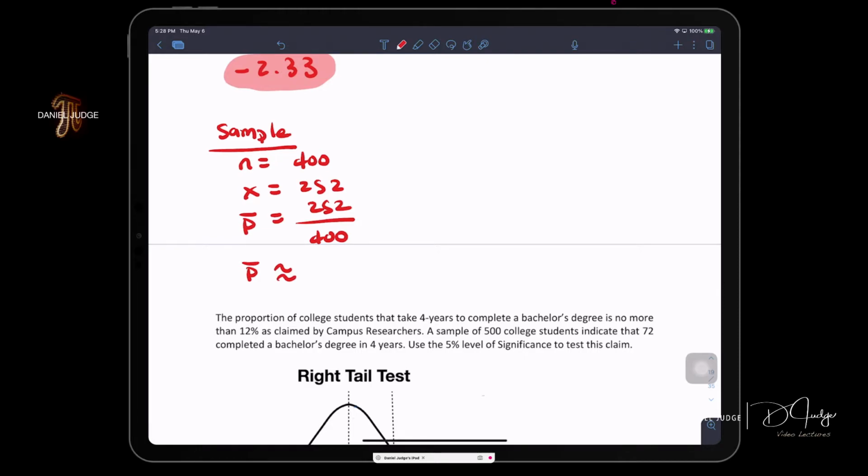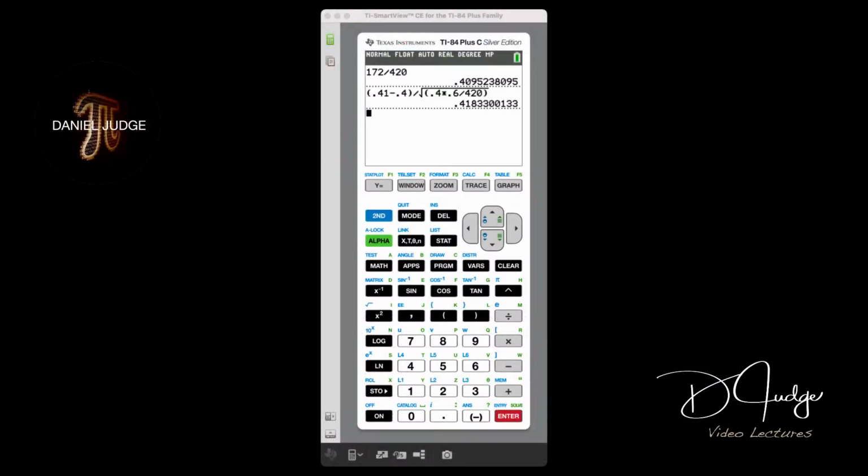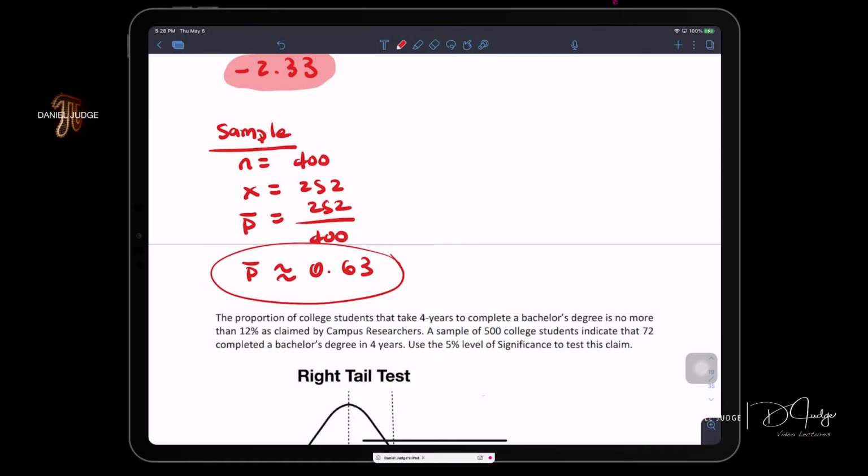So let's look at the sample proportion of believing in Bigfoot. So here we go. 252 divided by 400. And ladies and gentlemen, this is 63%. So 0.63 here is the sample proportion. 63% of the sample believes in Bigfoot. And that's why we labeled 63%.